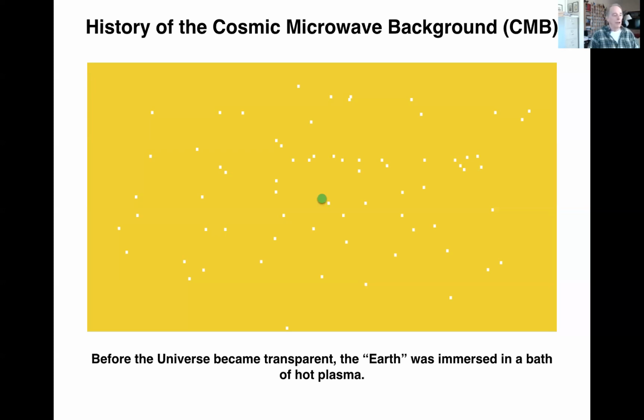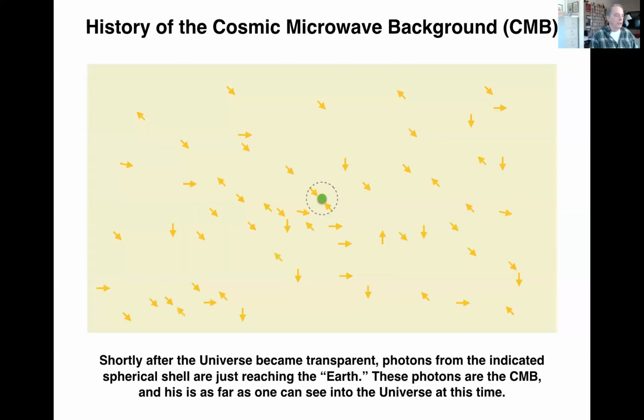And the interaction of photons with neutral hydrogen atoms is much, much less than it is with free electrons. So all of a sudden, the universe became transparent to photons. So the photons started streaming. And a little later, not too much, each photon could travel so far, as indicated by the length of the arrow.